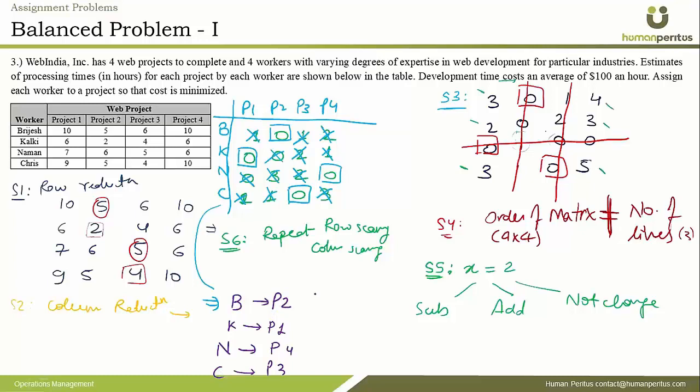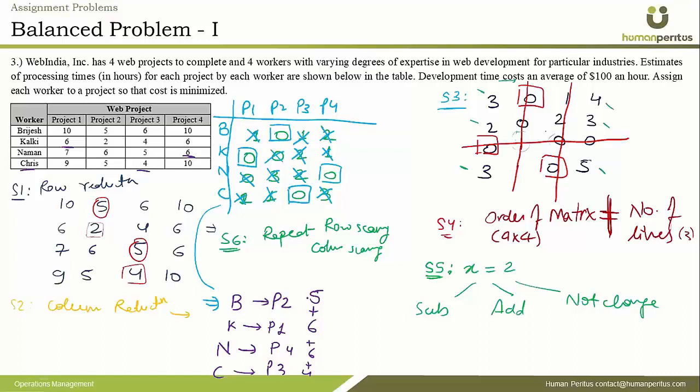So Brajesh takes 5 hours on project 2, and then Kalki takes 6 hours on project 1. Then Naman takes 6 hours on project 4. Okay. Then Chris takes 4 hours on project 3, right?